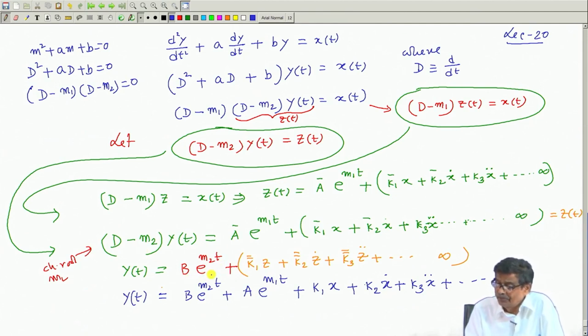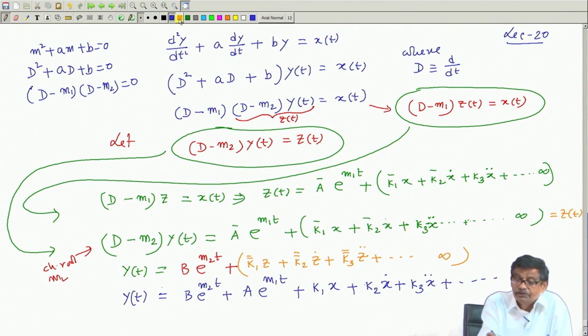Now, if you put some time, you see this is fine, but z dot will give rise to x dot, x triple dot. Similarly, z double dot will also give rise to x double dot, x triple dot. So, I will now collect all the terms involving x dot and those coefficients are constants, let it be up to infinity.